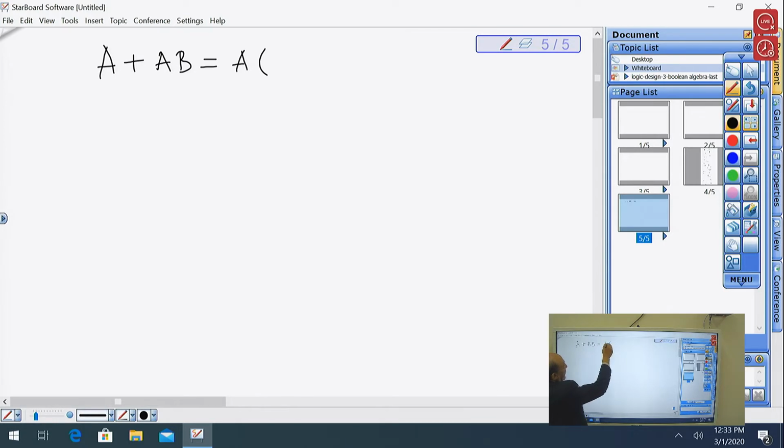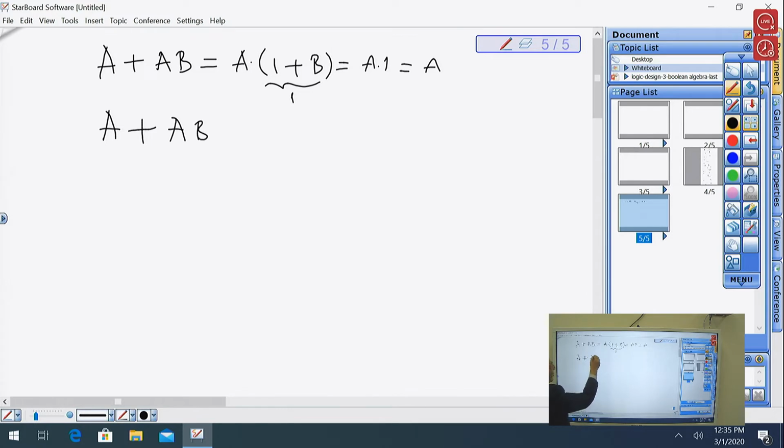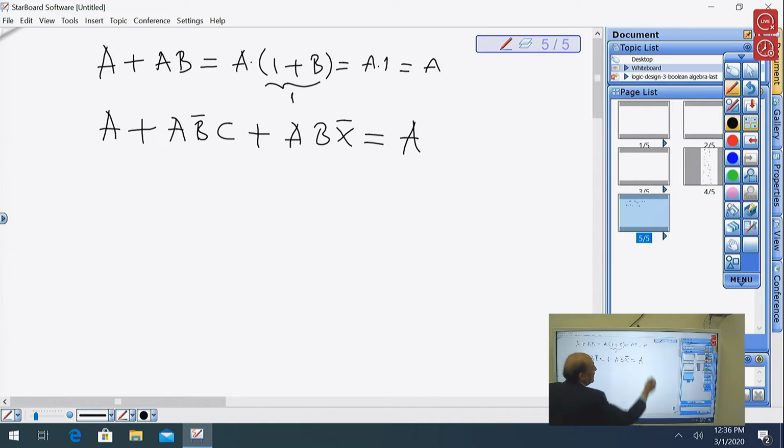A ANDed with 1 or B. 1 or B equals 1 always, so A and 1 always equals A. We can use this rule if we have, for example, A or A not B, C, or A, B, not C, etc. Since we have A alone here and repeated in other terms, then the result is again A.